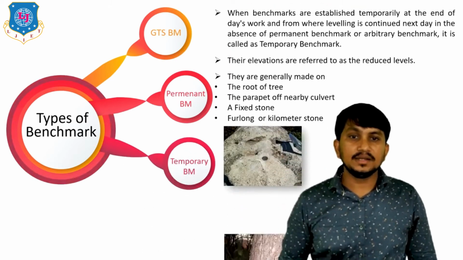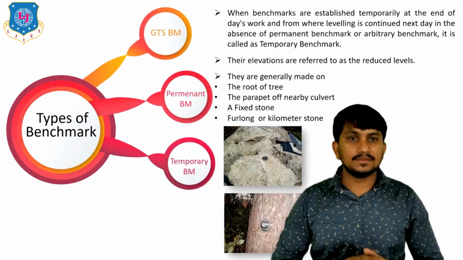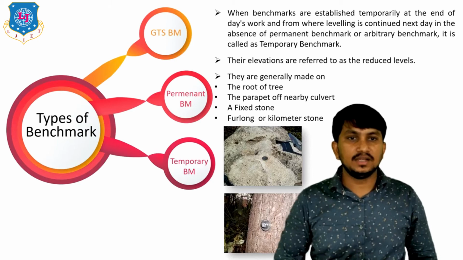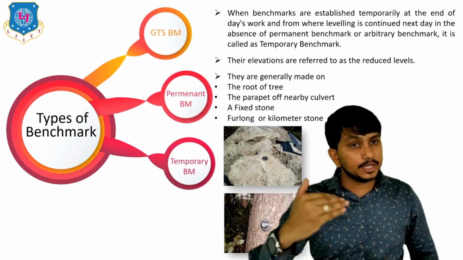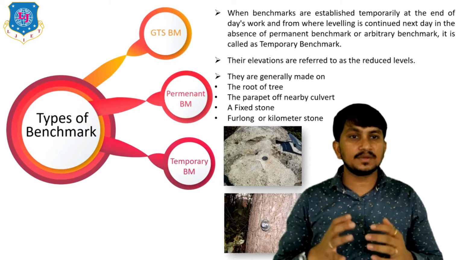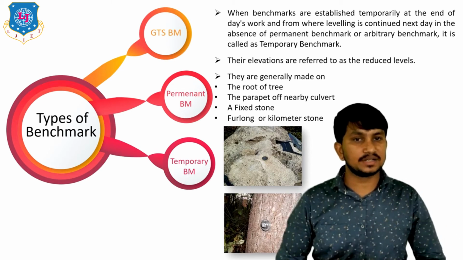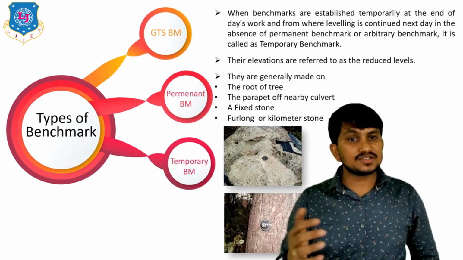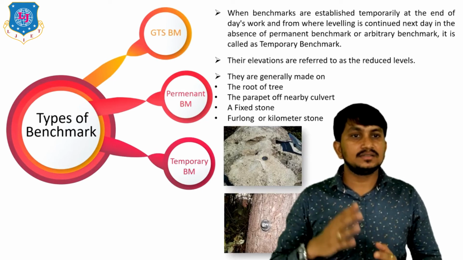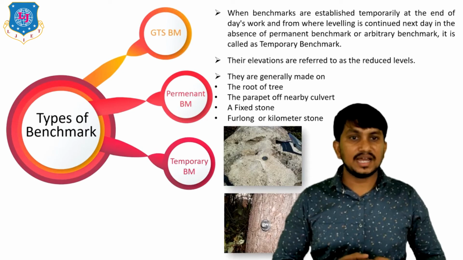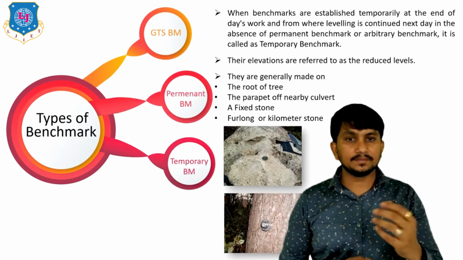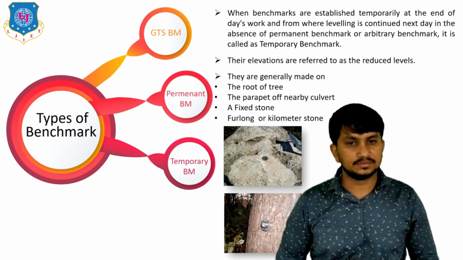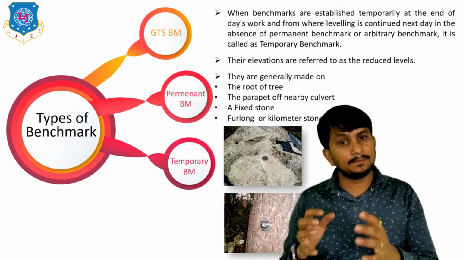The third type is the temporary benchmark. When benchmarks are established temporarily at the end of the day's work and leveling is continued from there the next day, in the absence of a permanent benchmark or arbitrary benchmark, it is called a temporary benchmark. Okay? Their elevations are referred to as reduced levels. They are generally made on the root of a tree, at a fixed stone, or furlong or kilometer stone, etc. These are the various temporary benchmarks.